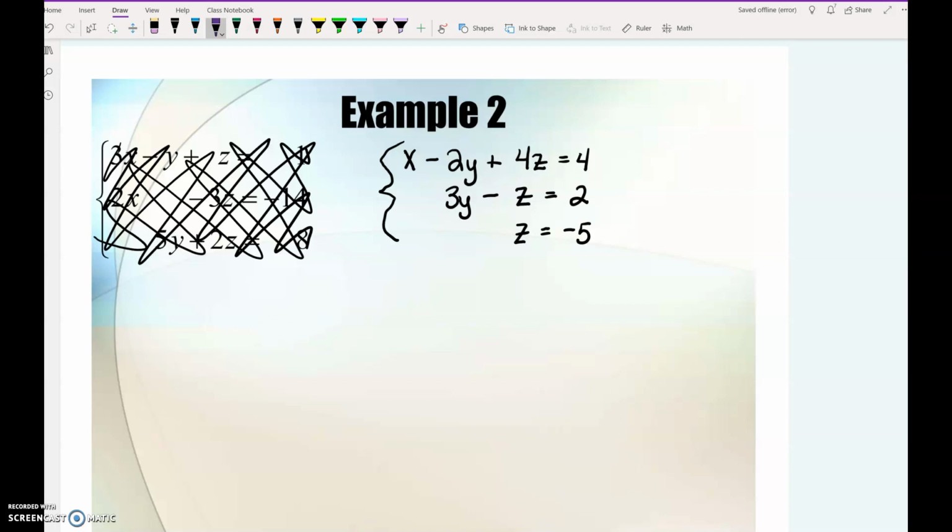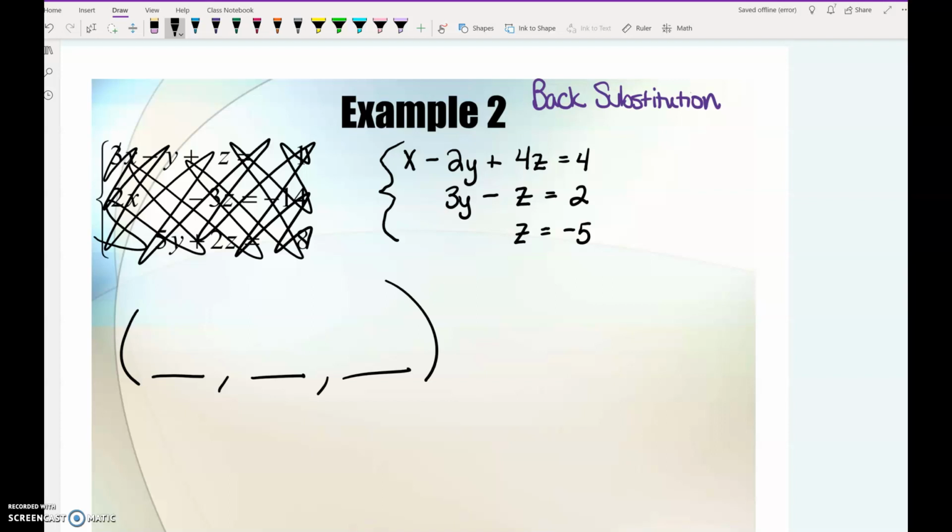Sometimes you can use a method called back substitution to solve the system. So we are going to solve this system using back substitution. Basically, a 3-variable system has an ordered triple as the answer.